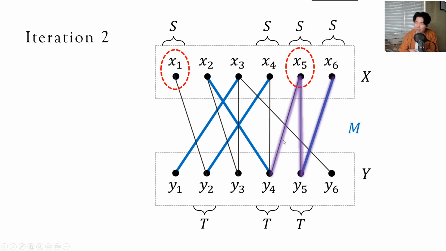If I go from X5 to Y4, and then Y4 along M, I end up at X2, which tells me I can add X2 to S. Again, I'm using this idea of my alternating paths. I'm going back and forth between edges not in M and then in M. Alright, so this completes my second iteration. Now let's move to our third iteration here.